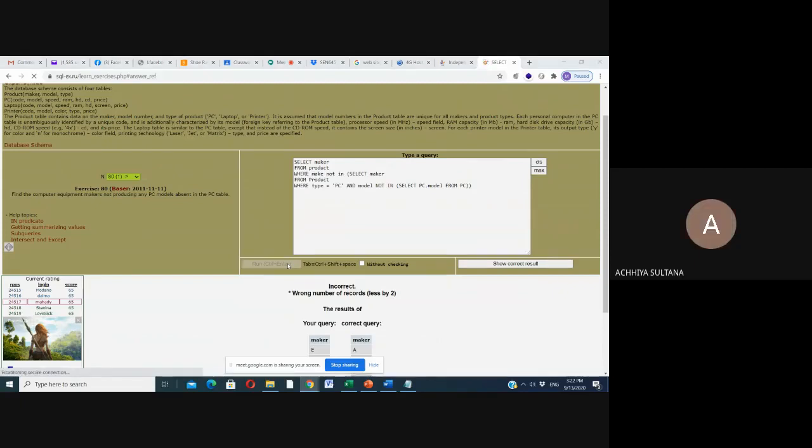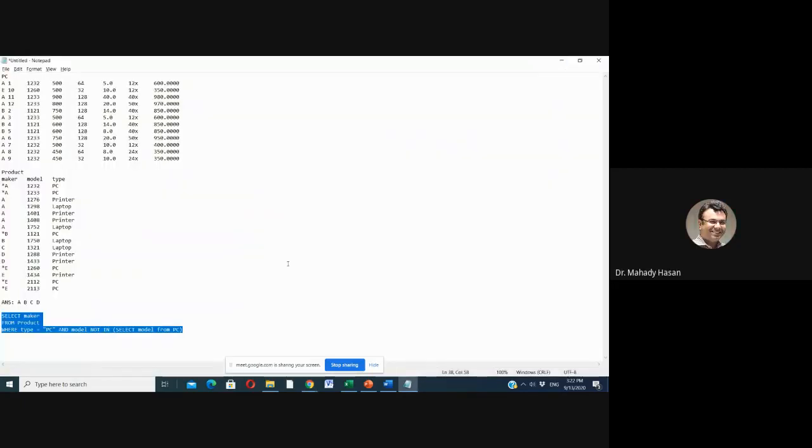স্যার, এখানে সিলেক্টেড এই যে প্যারেনথেসিস আমি একটু বুঝাই, আগে কি করে চেষ্টা করেছি। So now here what I have done, I have found any maker who is producing a PC, but his PC is not listed in the PC relation, right? With this piece of query, is it okay?